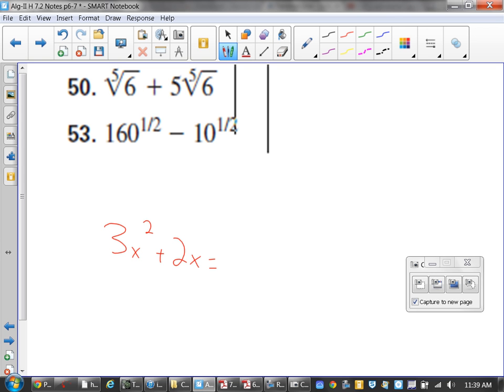It's 3x squared plus 2x. I can't combine anything because they don't have the same base and same exponent. Now what is it? 5x squared. Aren't these the same base, same exponent? Yeah. So it's just 6, 5, 6.